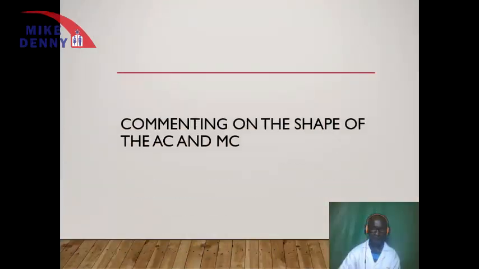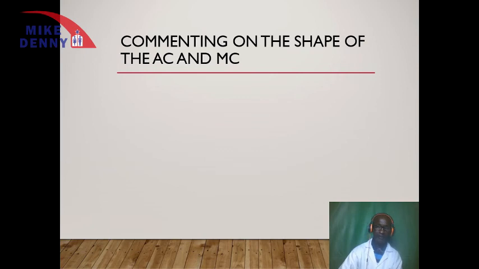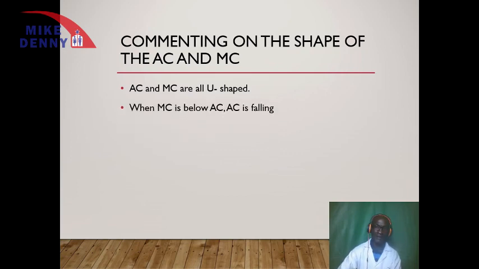We comment on the shape of the AC and the MC. The first thing is that the AC and MC are all U-shaped. They fall and then rise. The next thing is that when MC is below AC, AC is falling.